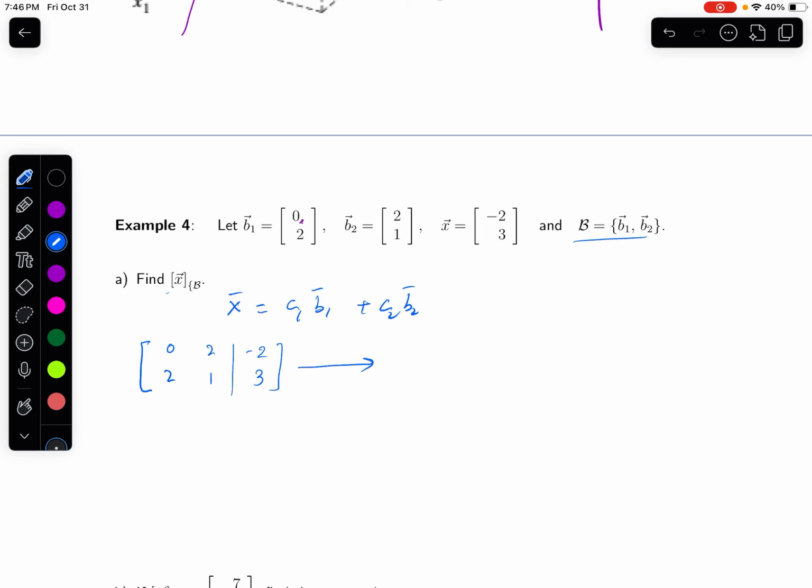Because the pivot has to be a non-zero entry, we swap row 1 and row 2. Then I can multiply the second row by 1/2.